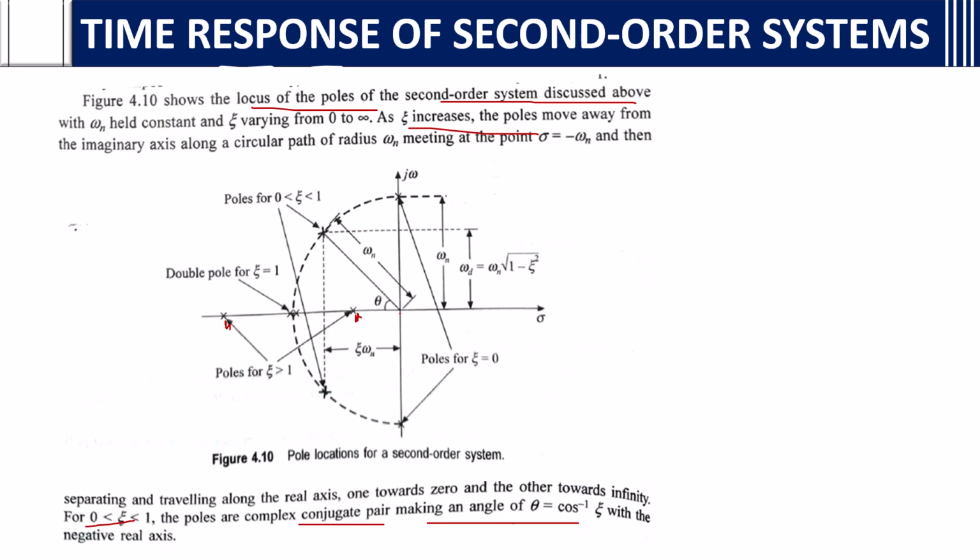Then they separate and travel along the real axis, some towards 0 and others to infinity.